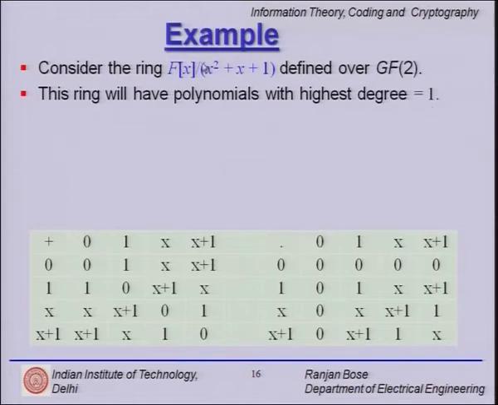Why? Because whatever be your collection of polynomials, when you take modulo x squared plus x plus 1, the highest power can be at best x raised to power 1. So, what are the polynomials possible here? Well, there are only 4 possible polynomials here. So, let us look at it with a small example.